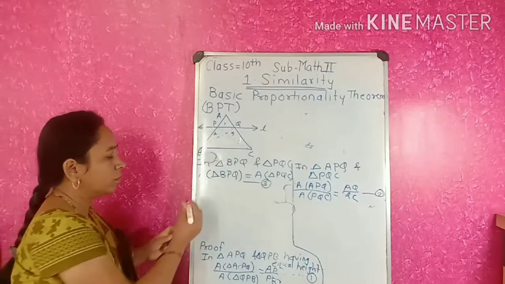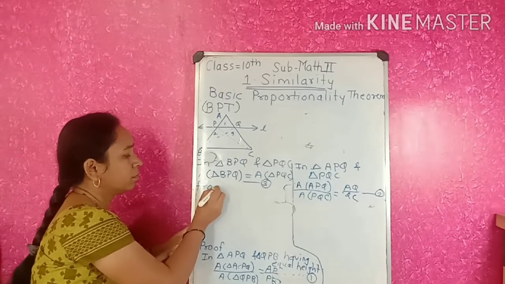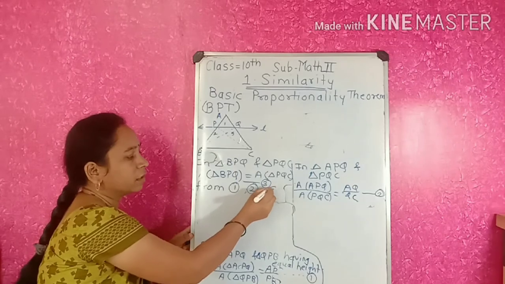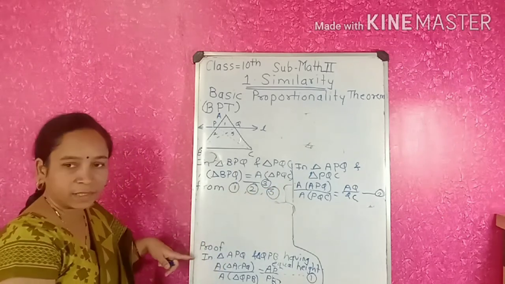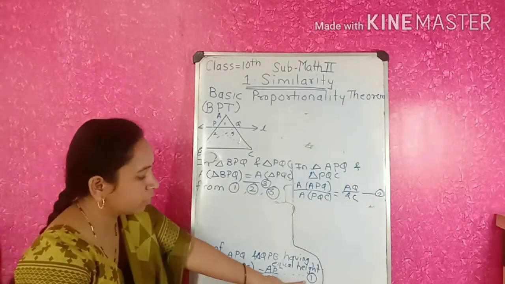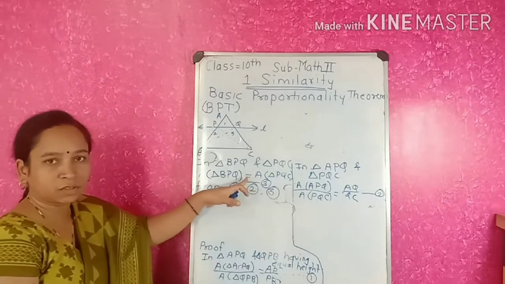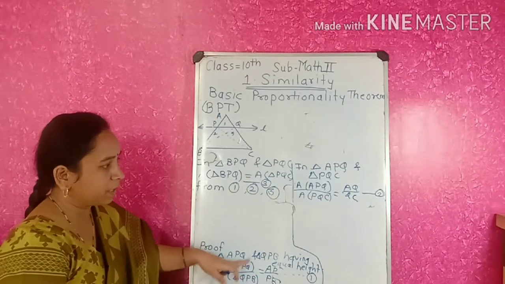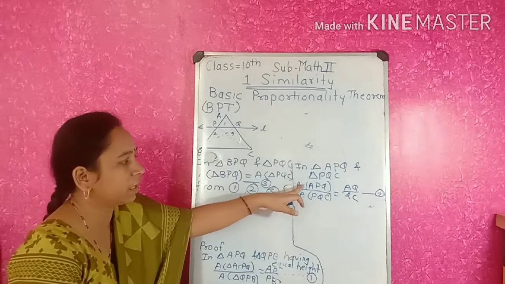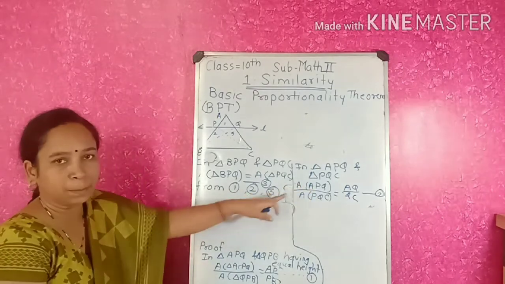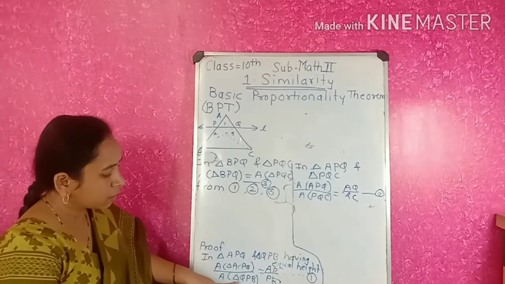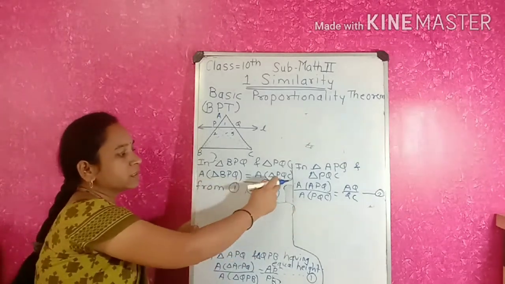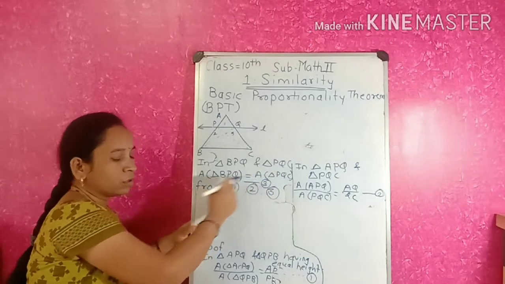Therefore, from the first, second and third equations, if you observe all three equations, in the first equation the area of APQ, here also in the second equation the area of APQ, means numerators are the same. Similarly, QPB and PQC, from these you can see the denominators are also the same.